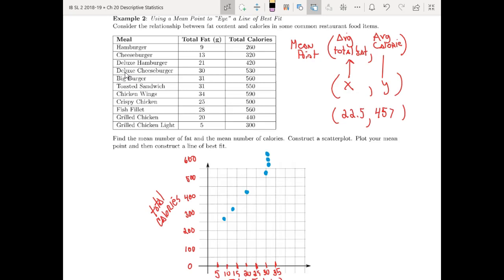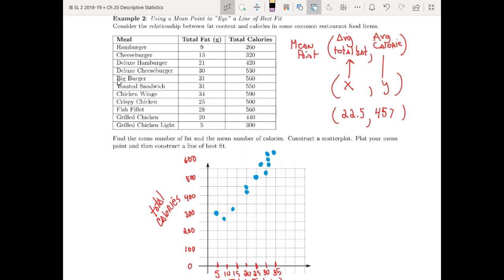Let's see, 560, 550, 34, 590, 500, 28, 560, 440, 300.